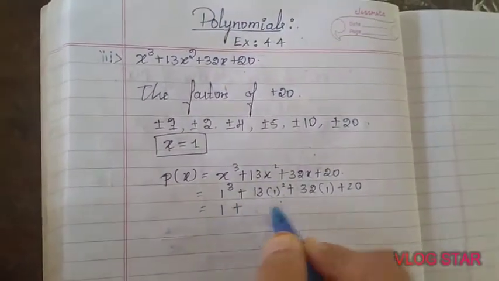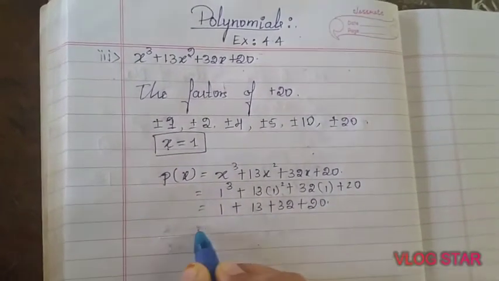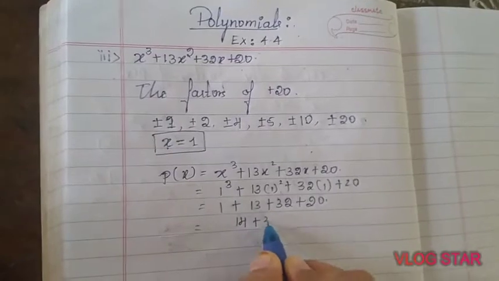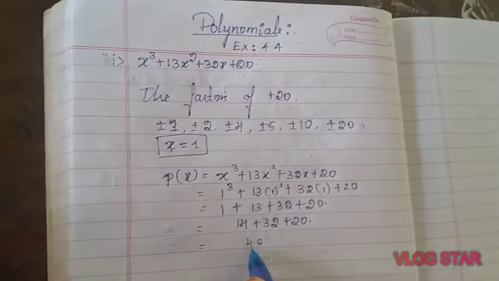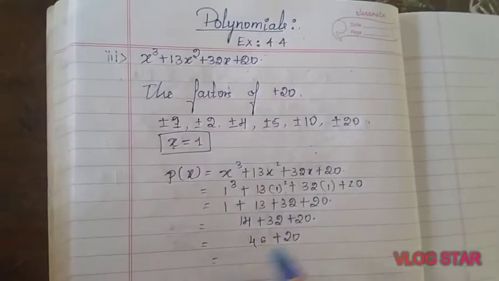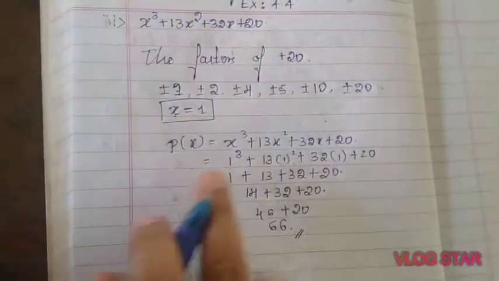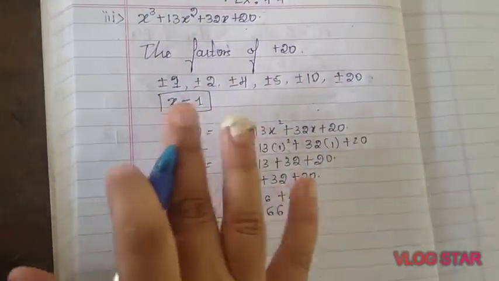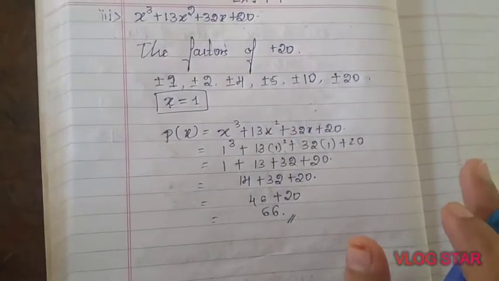That is 1 plus 13 plus 32 plus 20, which adds up to 46 plus 20, so 66. So x equals 1 is not a zero of this cubic polynomial.